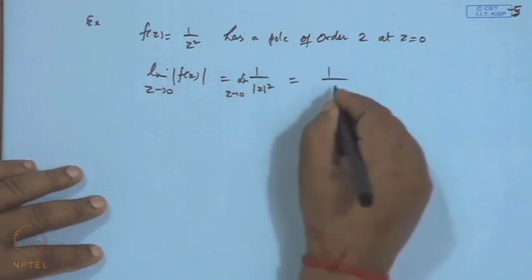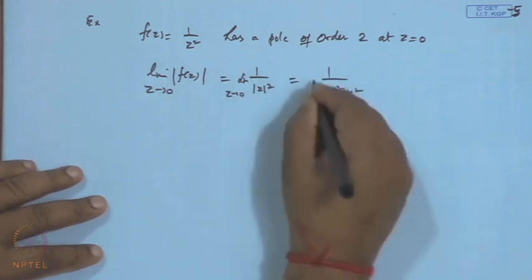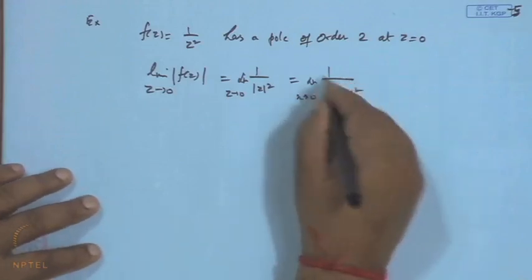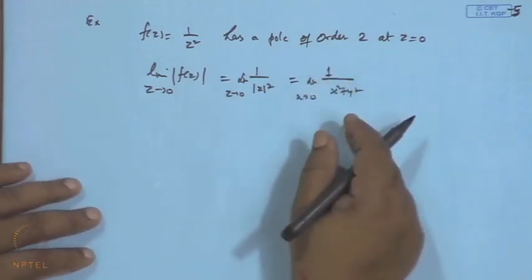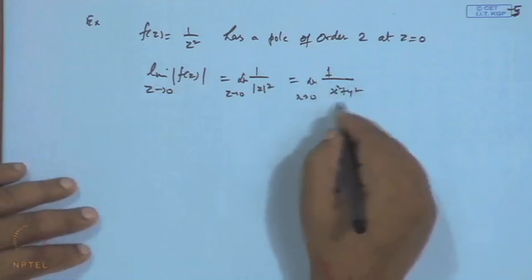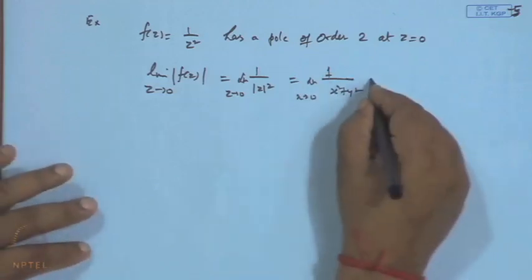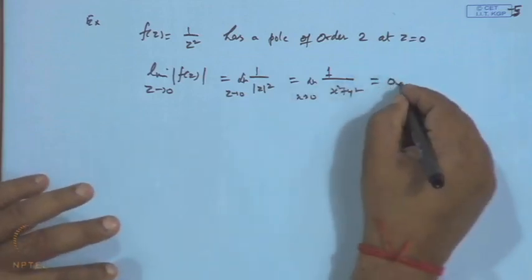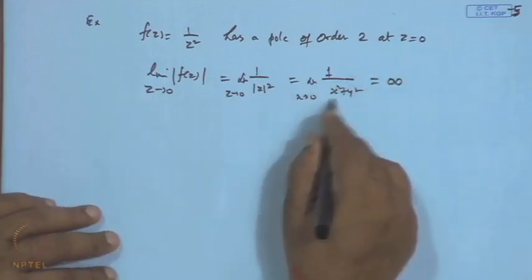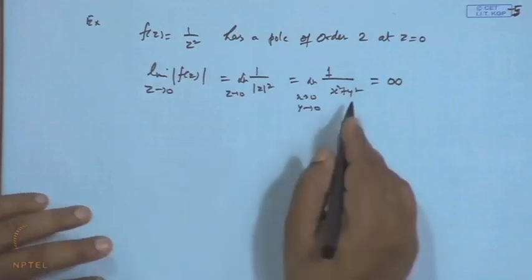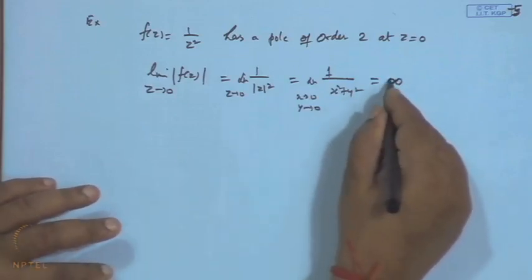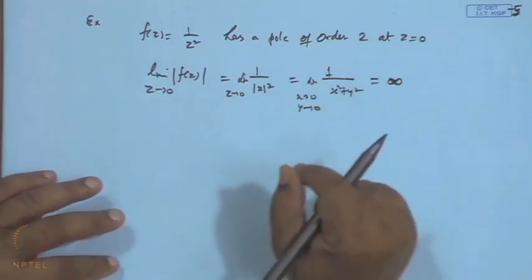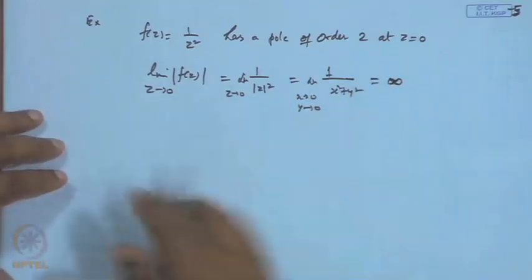We can establish this by the epsilon-delta definition also, or along any path you choose, this will go to infinity, because x and y are tending to 0, so it keeps on increasing.